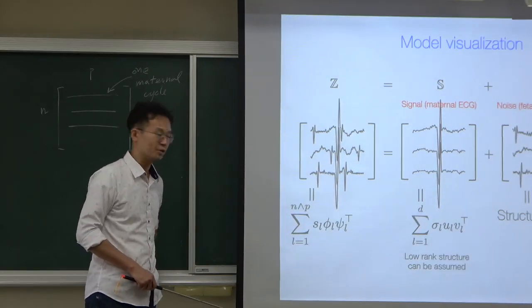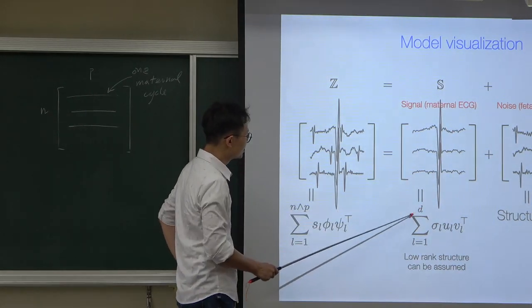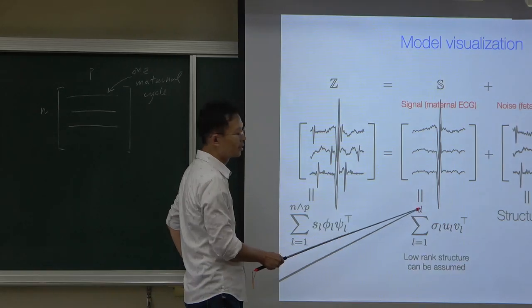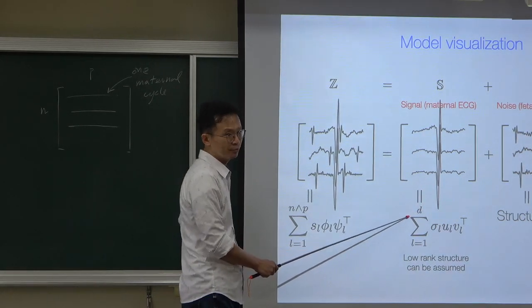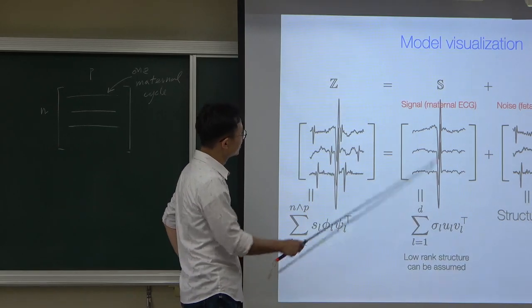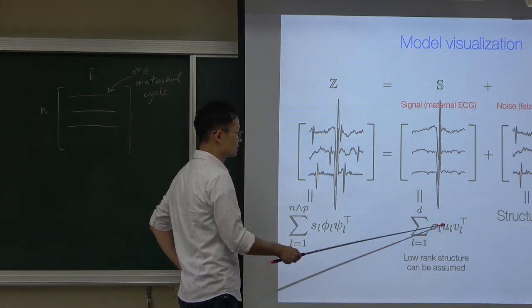Then we make an assumption. We assume the maternal ECG is actually a D-rank matrix, and D is small. But what is D? We don't know. We just know that the maternal ECG can be represented by a low-rank representation.